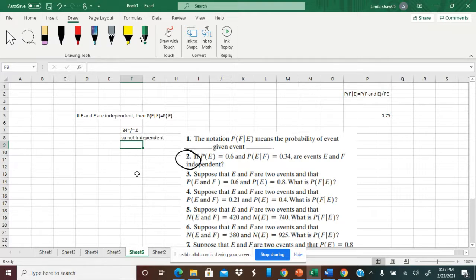So good breakfast, then probably good day. That is dependent. But unless it's a Tuesday when Linda and I are working closely together, whether I have a good breakfast or not has nothing to do with whether she has a good day. So this has to do with independent and dependent events.